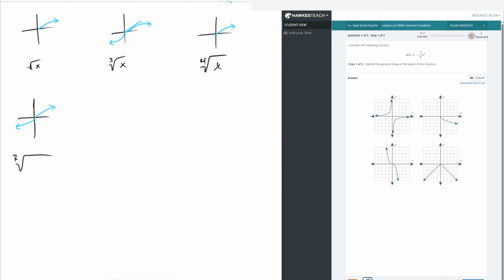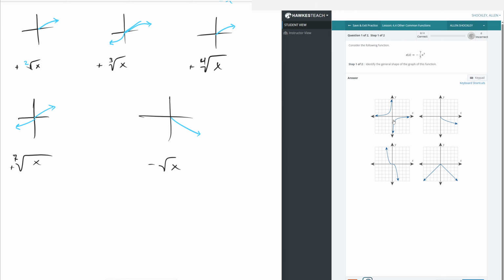On even roots, so for like the square root, I just have this single curve off to the right. But again, all of these, my right side is going up. Why is my right side going up? Well, because all of these are positive. If I had a negative square root of x, my graph would be down to the right.